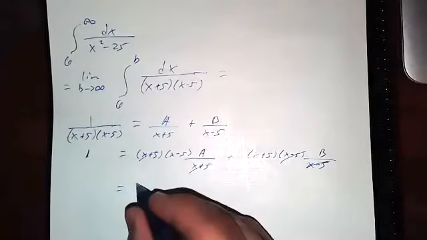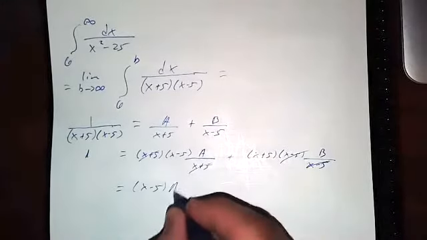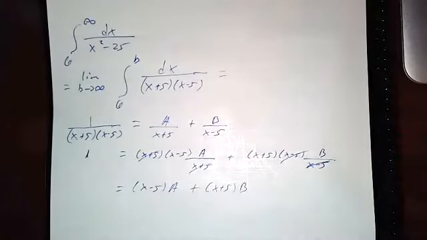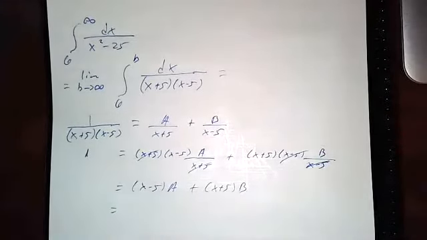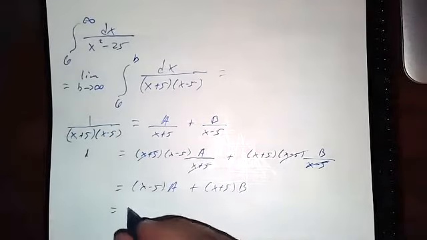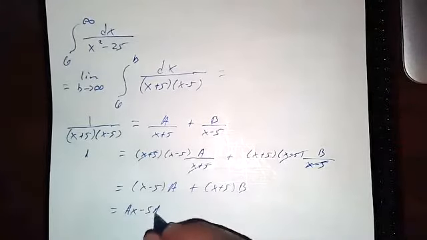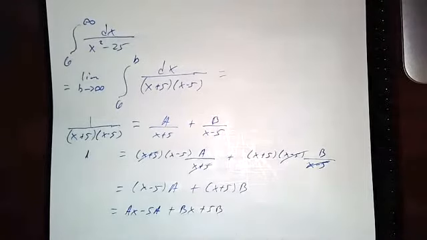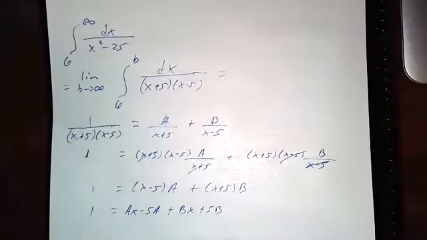So that leaves you with x minus 5 times a plus x plus 5 times b. So that gives you ax minus 5a plus bx plus 5b equal to 1.